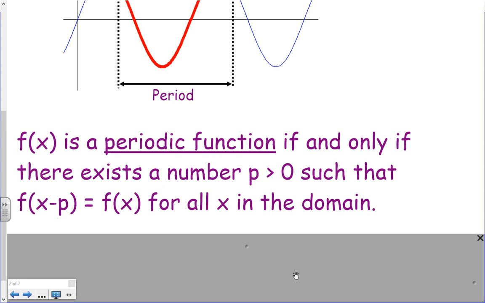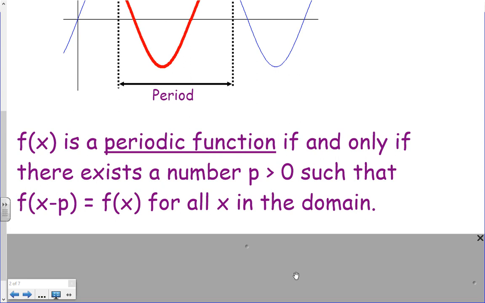Now, there's a lot to that, but let's break this down a little bit here. First of all, they're saying there's some number p, so p is just some number out there, and it's positive. And this little equation that they give us here, f of x minus p, well, we've seen stuff like that before.